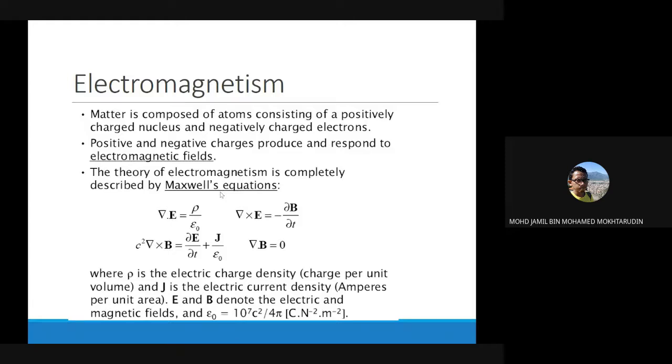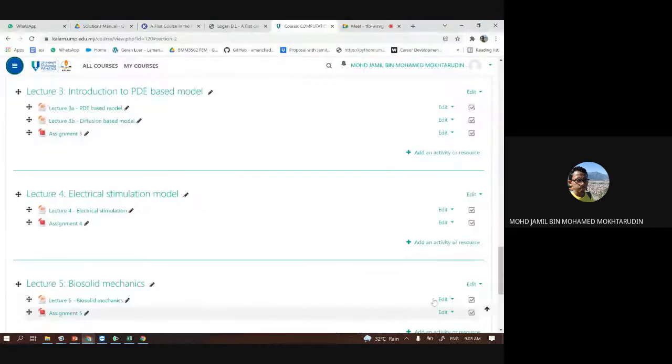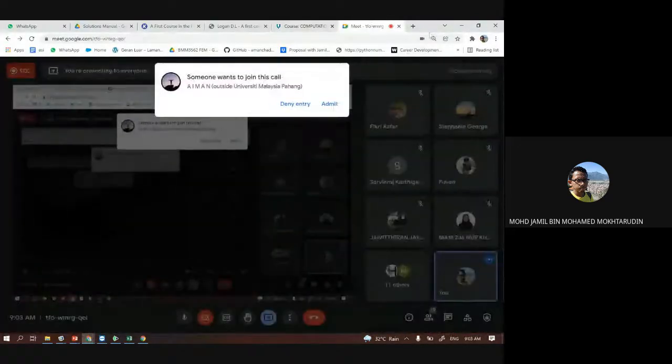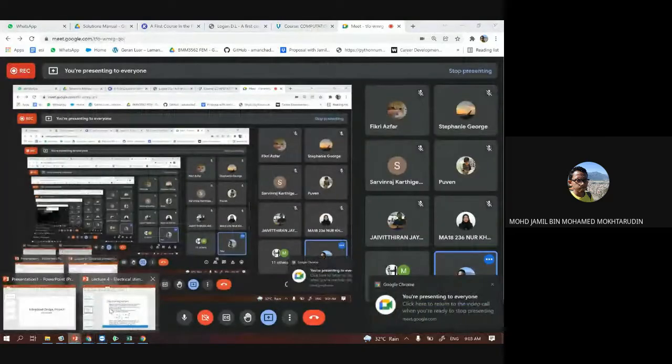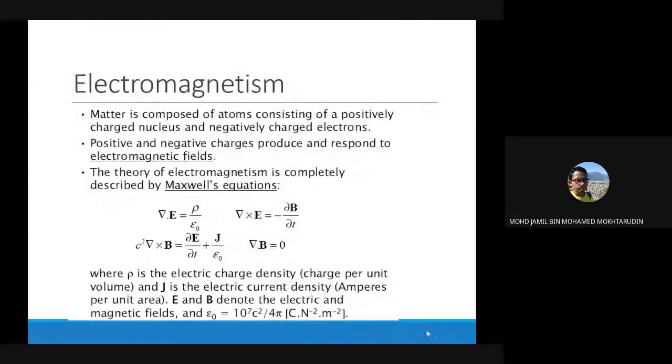All of these rules came from Maxwell's equations. The most important things are E, the electric field, and B, the magnetic field.